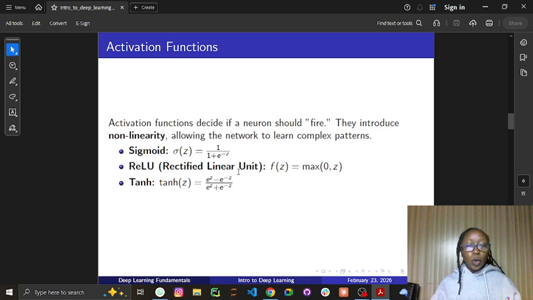This simple nonlinearity is what allows the network to learn complex patterns rather than just simple straight lines. Interesting, right?